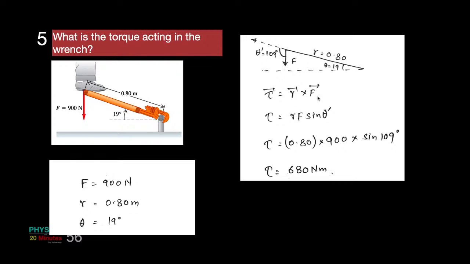So when I expand this, it will become r f sine theta prime. Now you can put the values, 0.8 here, 900 and sine 109. That should give you 680 Newton meter.